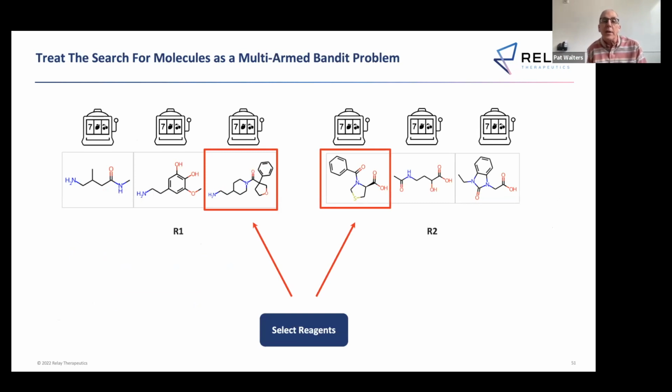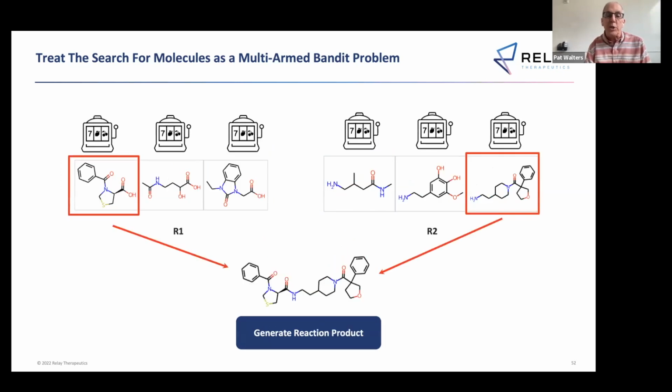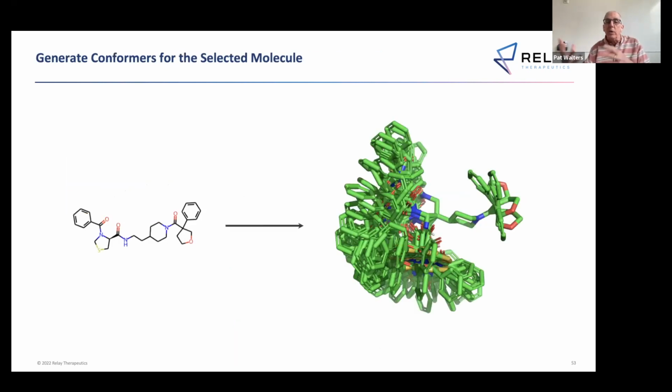I could start out again, like we did in the gambling case, where let's say I start out and I know nothing. So what I'm going to do is pick one of my reagents R1, pick one of my reagents R2 at random. Then I'm going to put those together to form a reaction product. Now I've got a larger molecule that's the product of that reaction. Given that reaction product, I can then convert that molecule into a set of 3-dimensional structures representing the flexible conformations of that molecule.